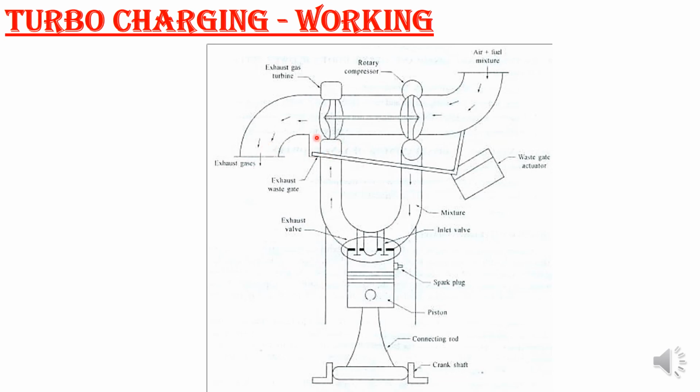In this way a gate valve is provided, and it can be actuated based upon your intake condition and speed condition. Many parameters are involved, and based upon them the wastegate can be controlled. This is how your turbocharger works.